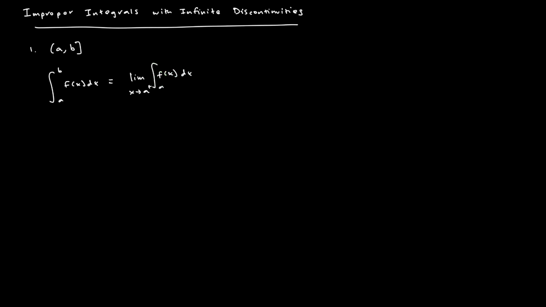The second case is where we are actually defined at the left side, but we're not defined at the right upper limit of b, and we're trying to evaluate the same integral from a to b of f of x dx.